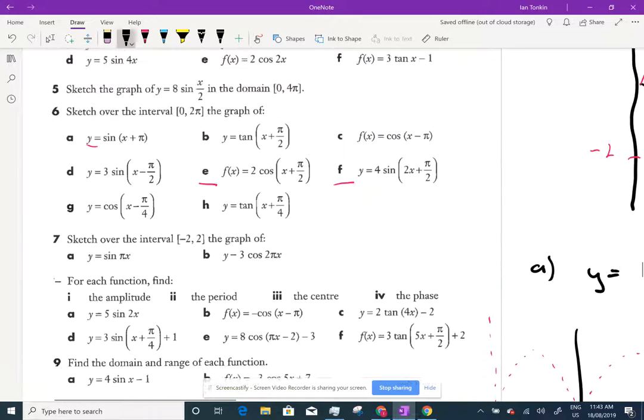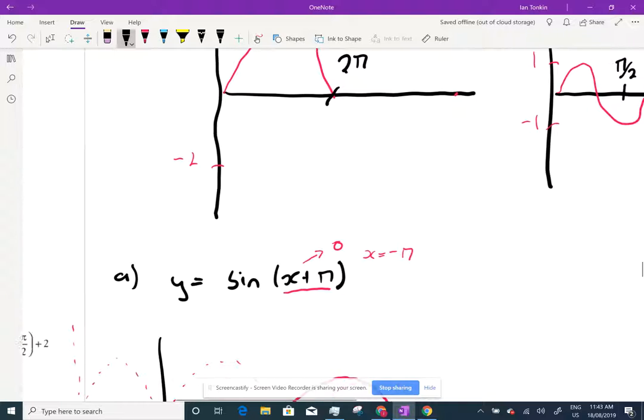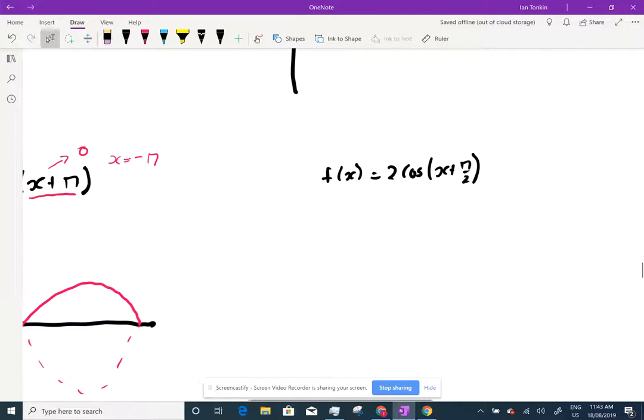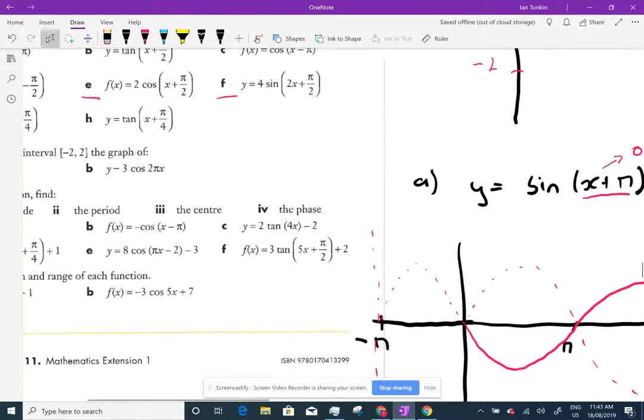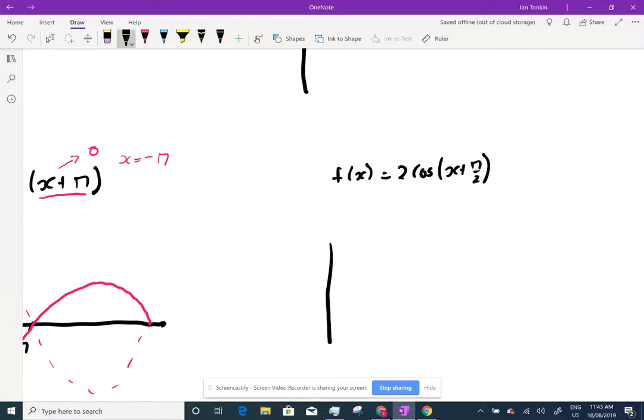Now, what about E? f of x equals 2 cos of x plus pi on 2. All right, let's double check. Is that the right one? Righto. Now it's going to go up and down to 2. I can put the scale in any time I want.